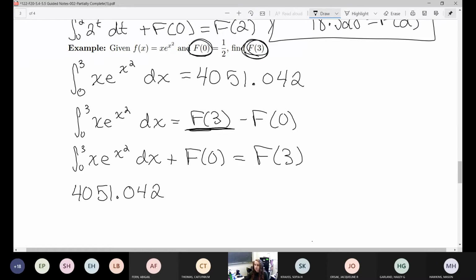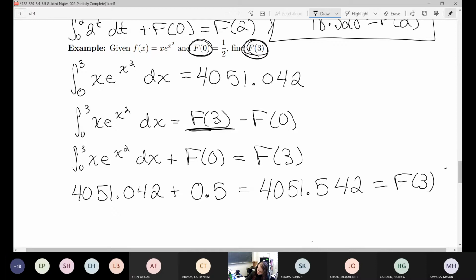And f of 0 we're given in the original statement of the problem. It's 1/2. I'm going to write that as 0.5 just because the other thing's a decimal and I want them to match. So our final answer for the antiderivative at 3 is going to be 4051.542. And that's going to be our antiderivative at 3.